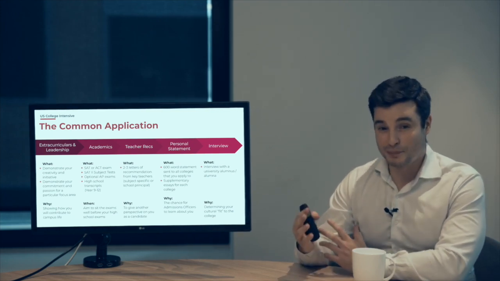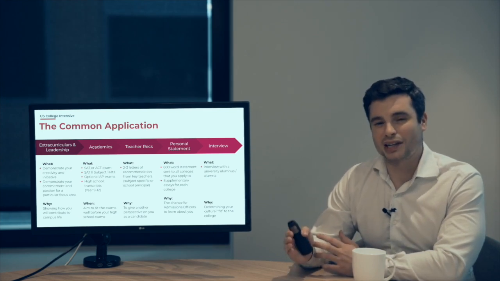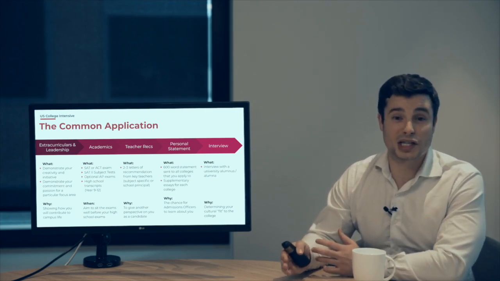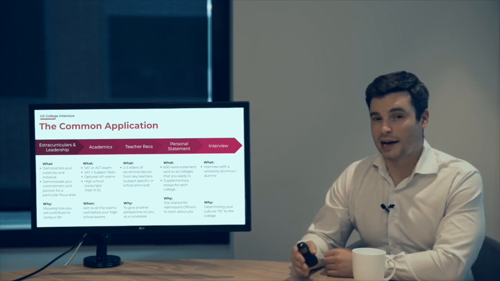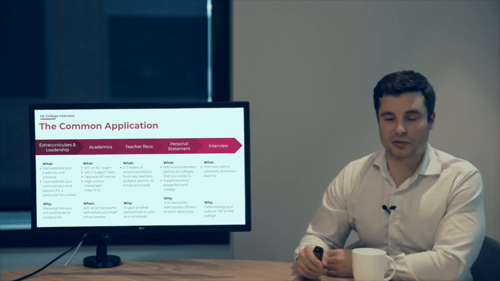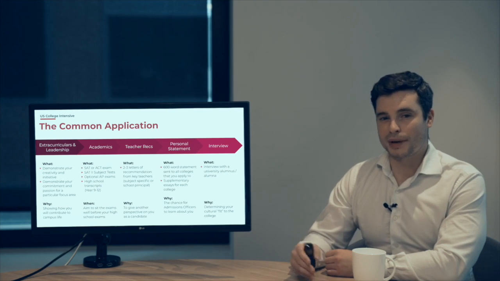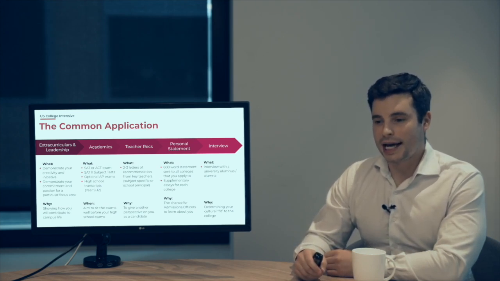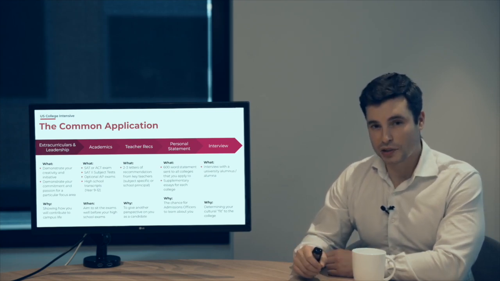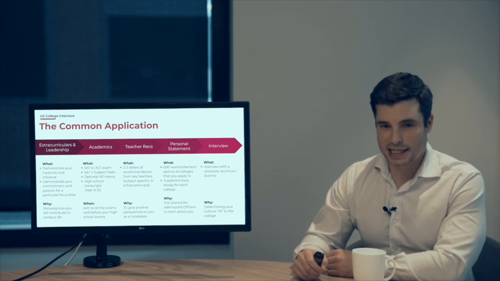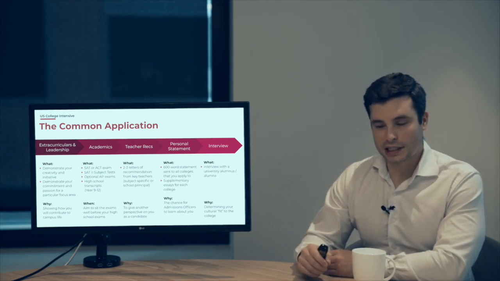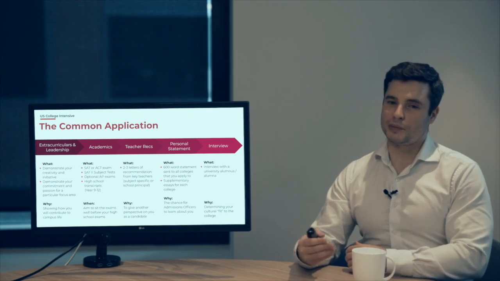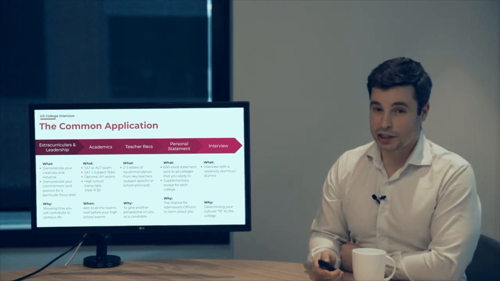It's a very, very important piece of writing, unlike any other kind of essay that you would generally do in school, and Martin's going to go through what that might look like for you as well. It really is the number one chance for you to express your individual voice to admission officers. And then lastly, there's an interview, usually with a university alumnus or alumna, and it's really determining your cultural fit for that particular college.